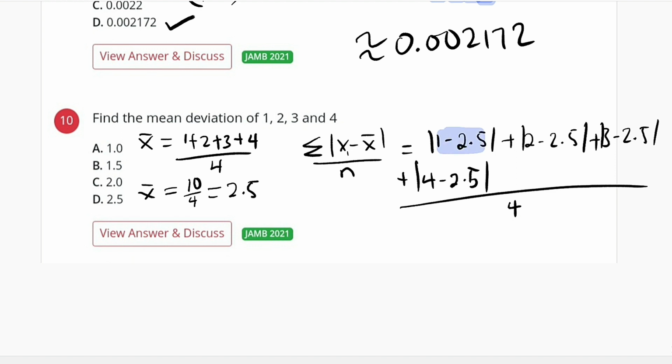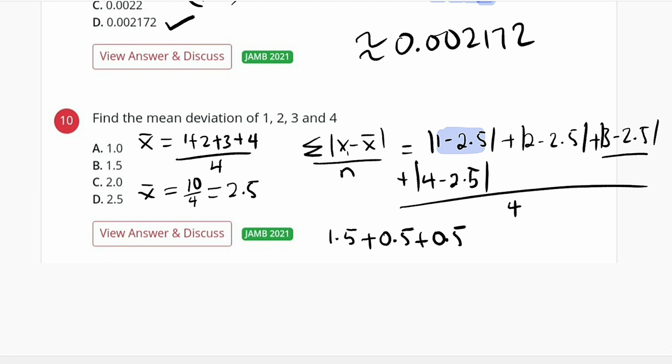1 minus 2.5 will give us negative 1.5, but in an absolute form, we have positive value 1.5. Then we add 2 minus 2.5 will give us 0.5, but in an absolute form is 0.5. Then 3 minus 2.5 will give us 0.5 plus 0.5.